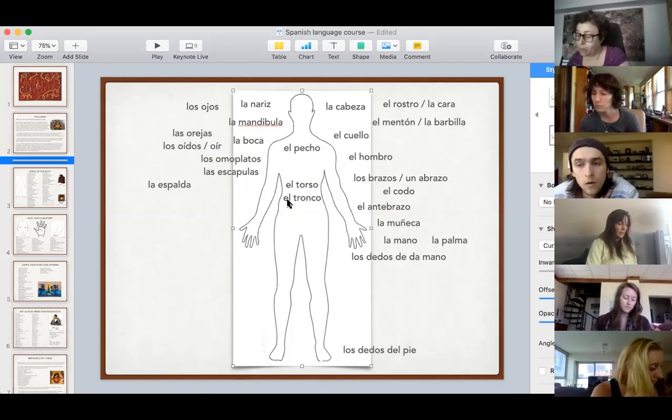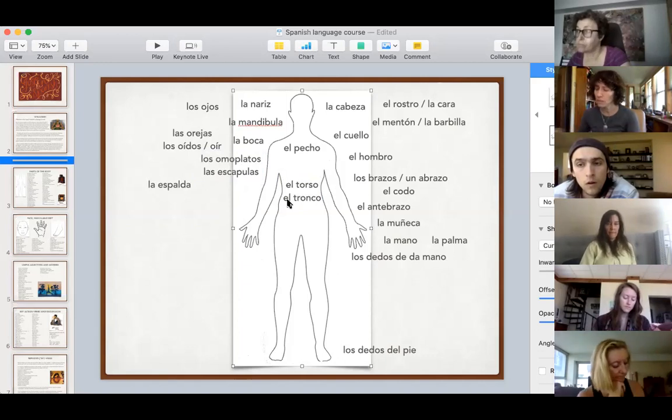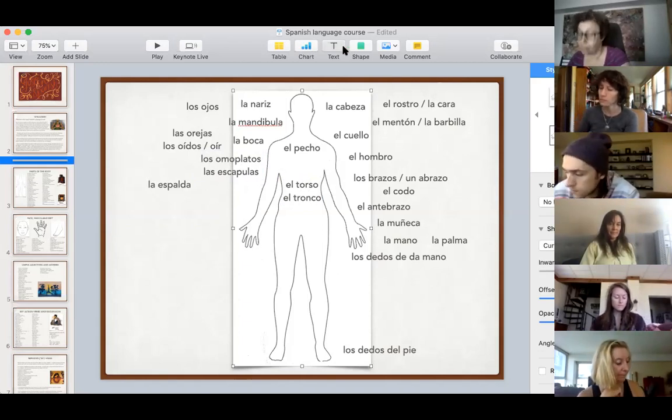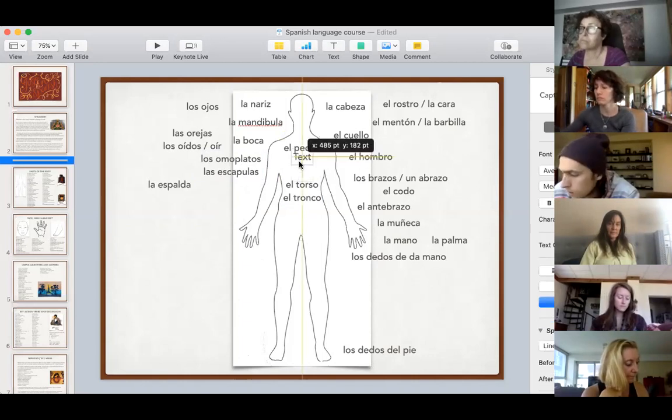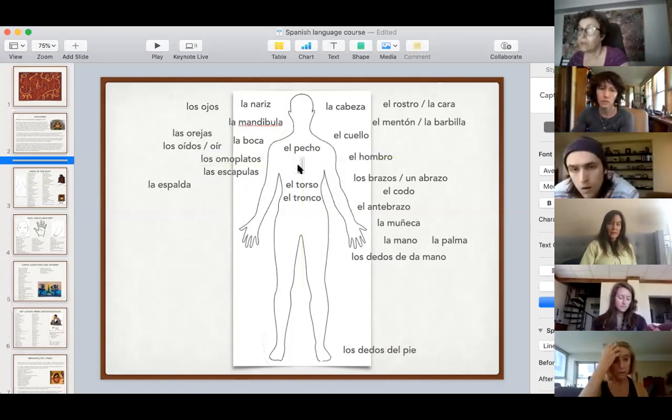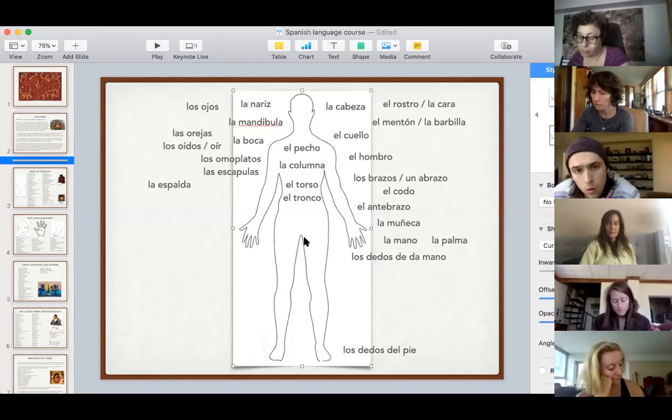Somebody mentioned the spine, and I think the spine is a useful one to learn several different words for. So if we wanted to just pick a word for the whole of the spine, what would that word be? La columna. Good. Again, it's a word where we really need to emphasize the sound of those vowels.